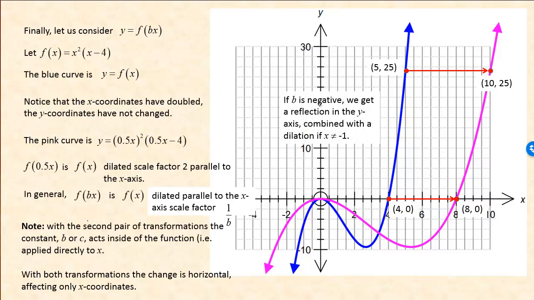If b is a negative number, we get a reflection in the y-axis. That's not surprising because this affects x coordinates, combined with a dilation if b is not equal to negative 1. So if b is negative 1, it would just be a straight reflection in the y-axis.